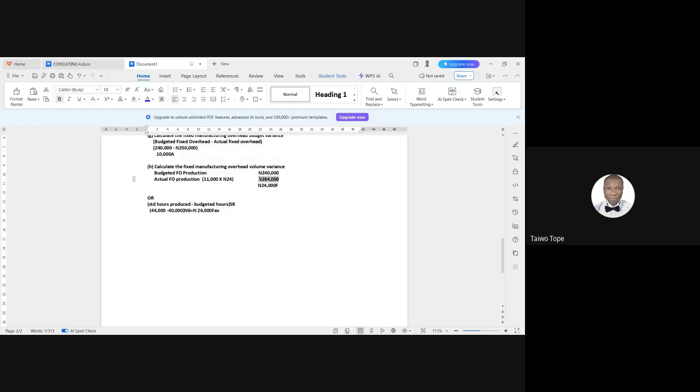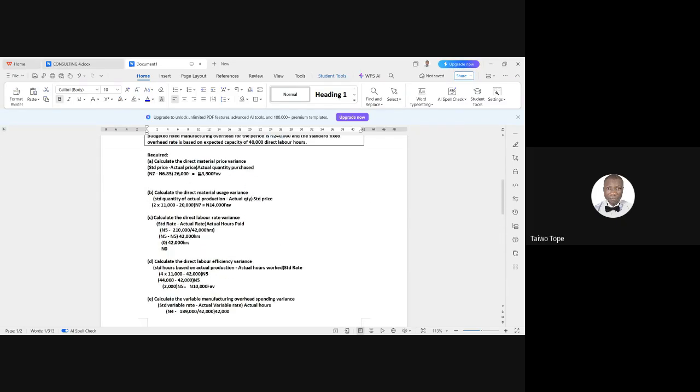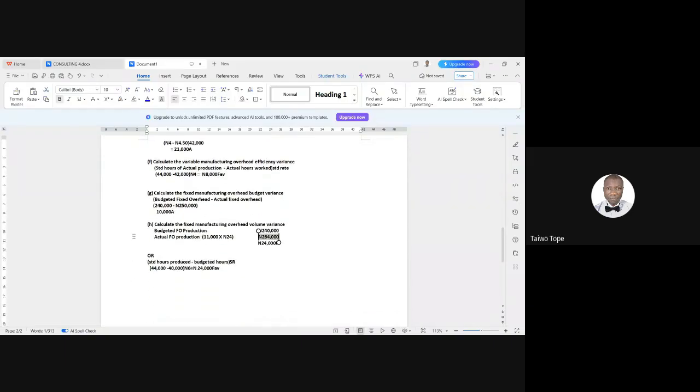I'm so much interested in these aspects of fixed overhead, because you can easily understand material price variance, usage, all these other ones. But to get the whole mark in a question that involves variance, we must learn this fixed overhead very well.